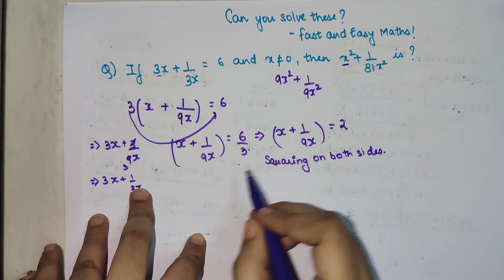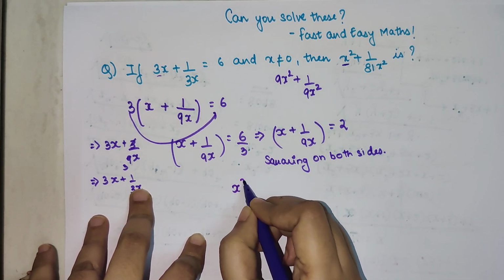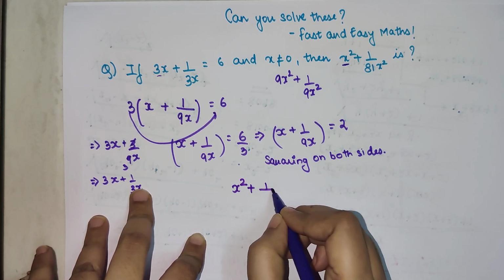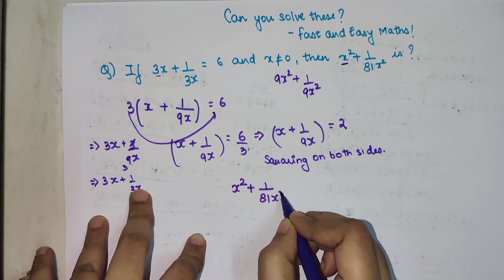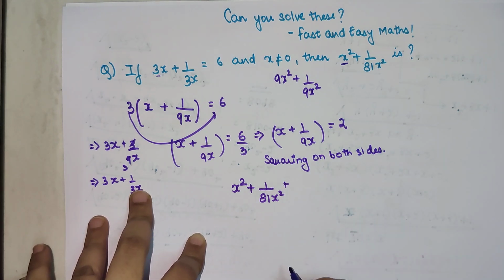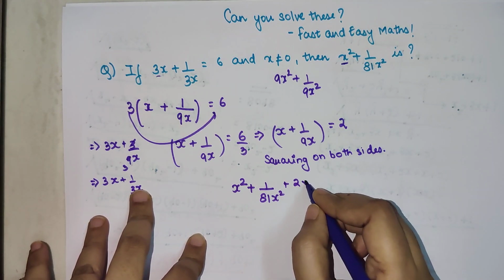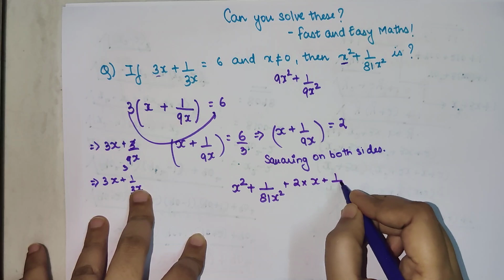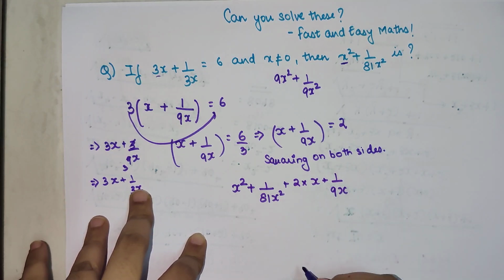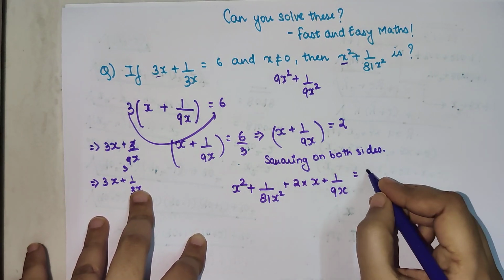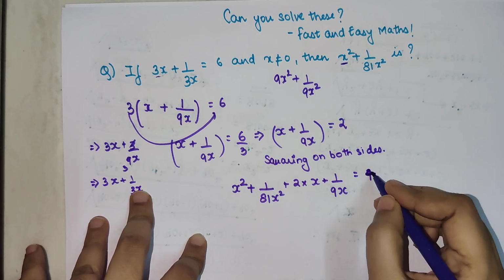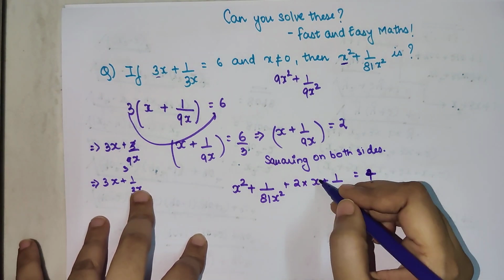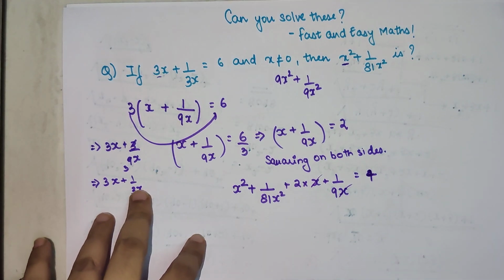Okay, so when you square this, you get x square plus 1 upon 81x square, right? But what happens to the middle term? You have 2 into x plus 1 upon 9x is equal to 4. The 2 gets squared, right? So you get 4, and this x and this x now get cancelled.